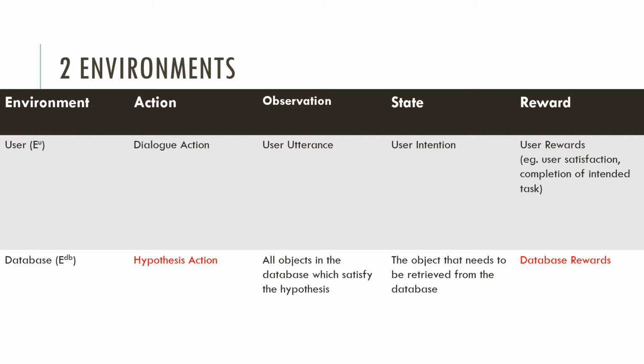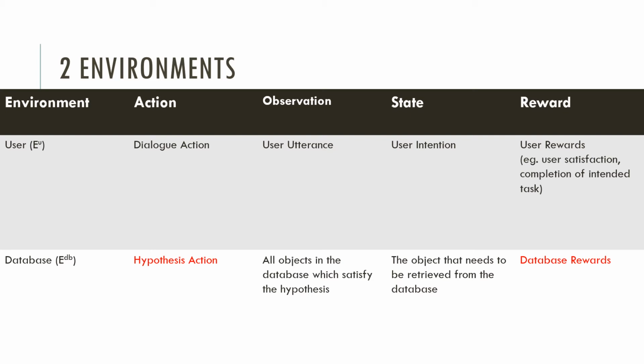The one part of this that's non-standard for RL is that there are two separate environments. That's how the authors choose to model the situation. So it's just important to note that there is a user environment and there's a database environment. In terms of the user environment, it's a little more straightforward. A dialogue action would be an utterance directed towards the user.